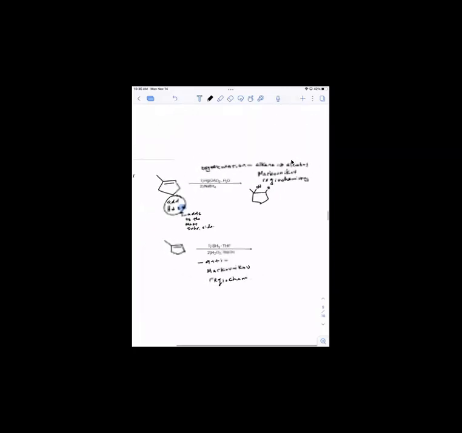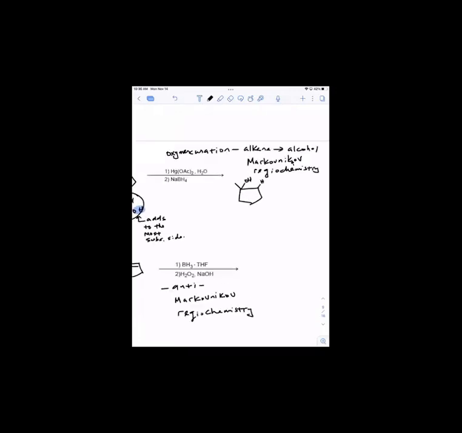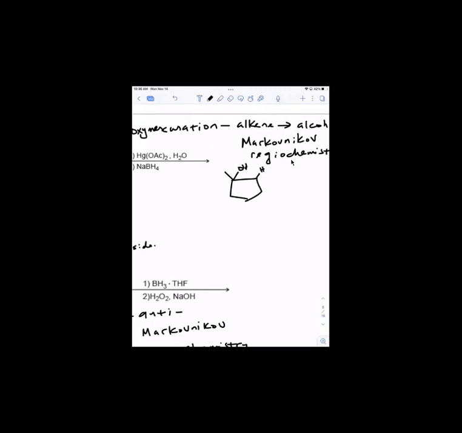Right, anti-Markovnikov. So what does that mean to you? Knowing what the regiochemistry is for the top reaction. In other words, where the OH adds and where the H adds. That's Markovnikov. What did we say that meant again? Right?